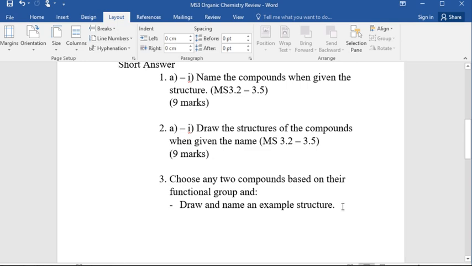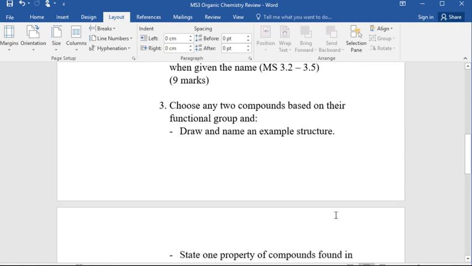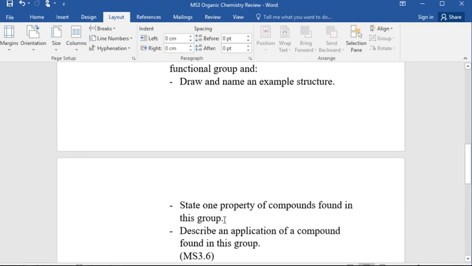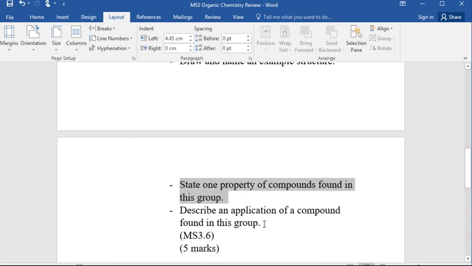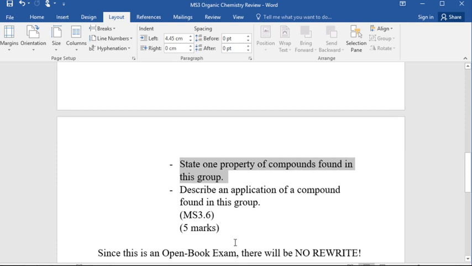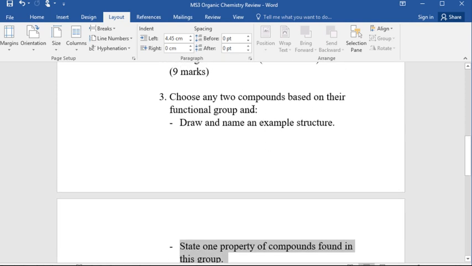So I think in the hand-in assignment you're supposed to have 3 examples for each, so I only need to see 1. State 1 property of compounds that are found in a particular group, and describe an application of a compound found in this group. That's going to be worth 5 marks. So any 2, you can choose alcohols, carboxylic acids, aldehydes, ketones, whatever 2.